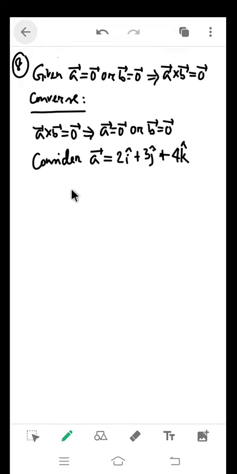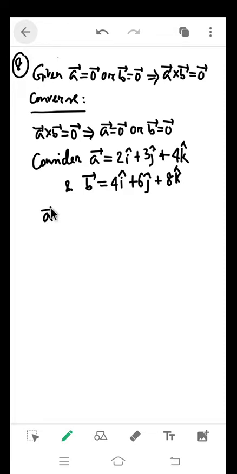So then the second vector you have to take in such a way that A and B are parallel. So you just multiply by any number, you will get a parallel vector. So if you multiply by 2, you will get the vector 4i plus 6j plus 8k. Is it? Now these two are parallel vectors.